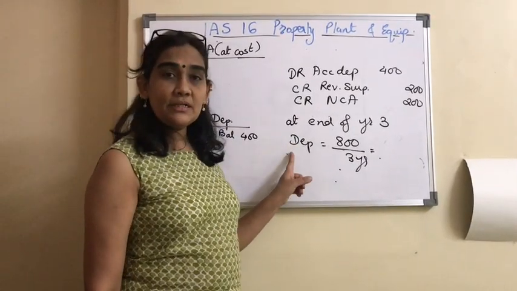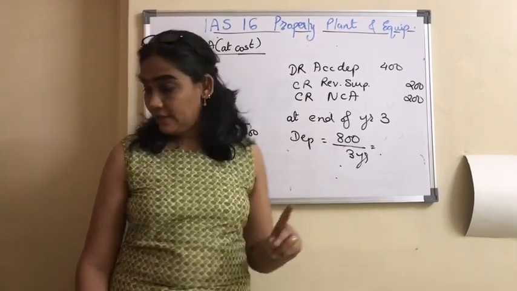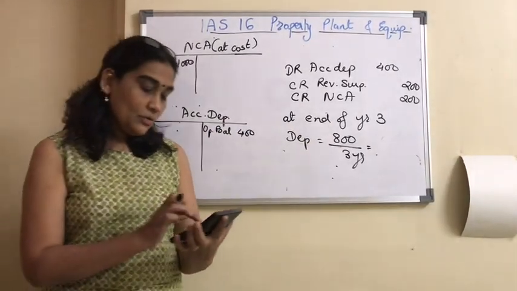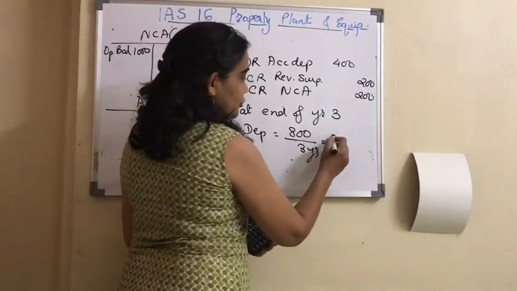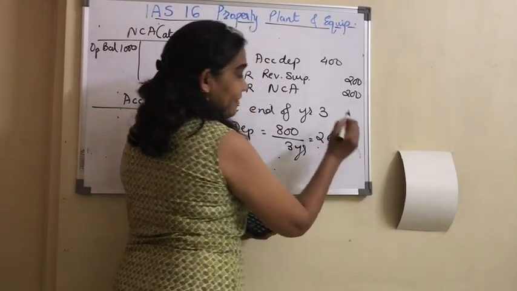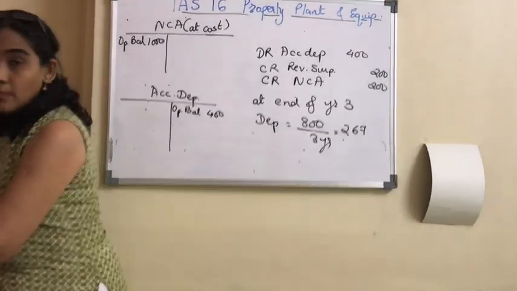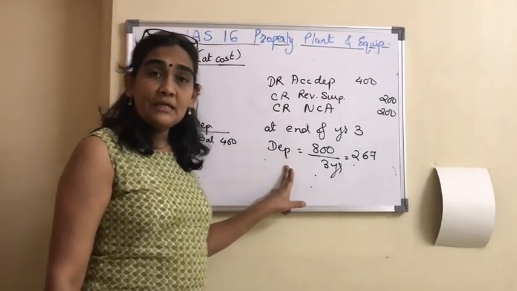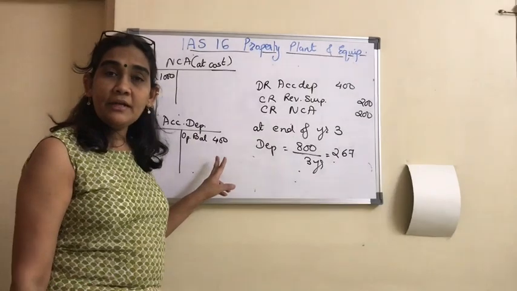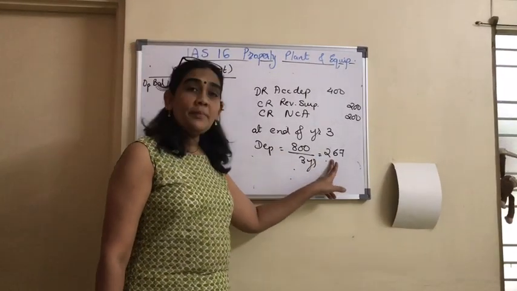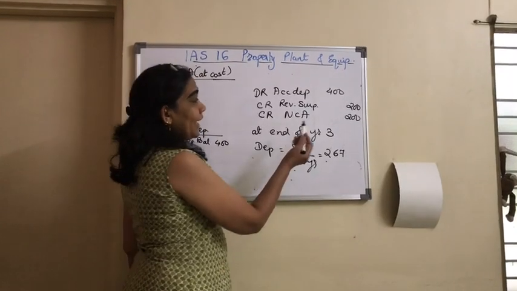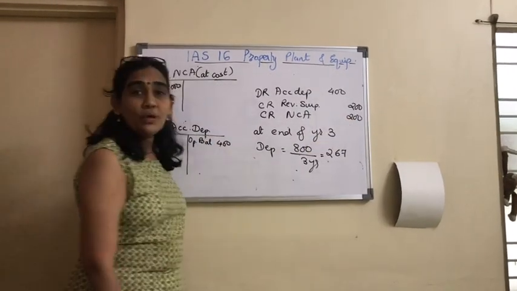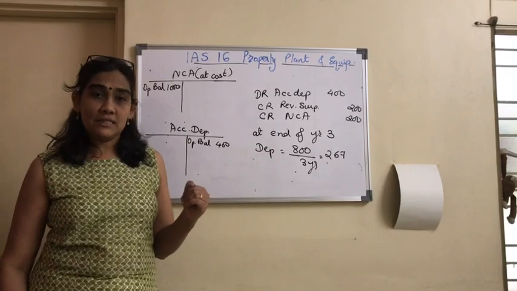So, the new depreciation would be 800 divided by 3 years. So, that would give you an amount of $267. Okay. Now, what was our initial depreciation? It was 200 per annum. What is the new depreciation? 267.